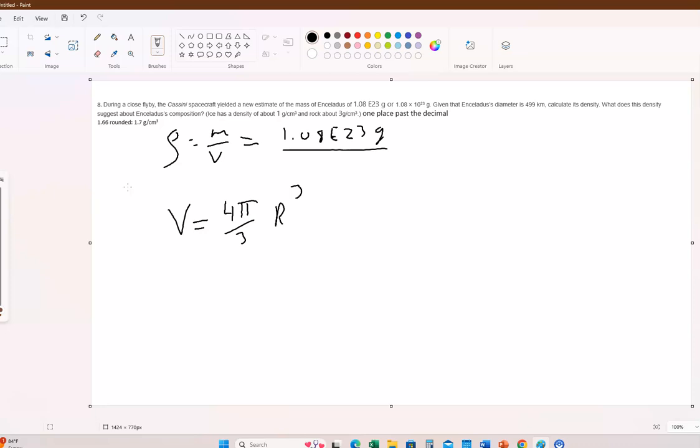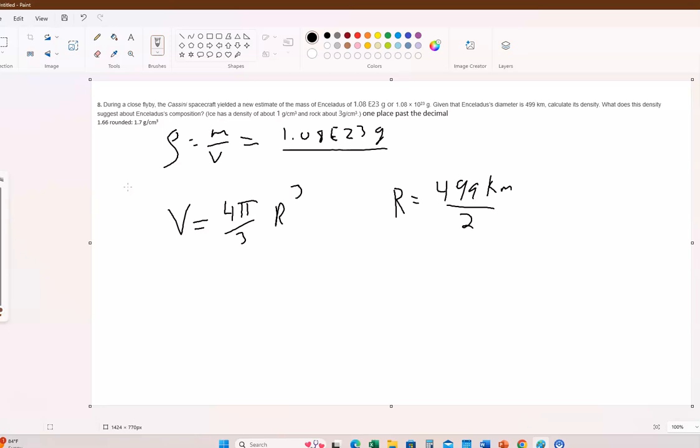So we're not even given the radius, we're given the diameter, but that's easy to figure out. The radius, of course, is just half the diameter, so it's 499 kilometers divided by 2. That's the radius from the diameter.